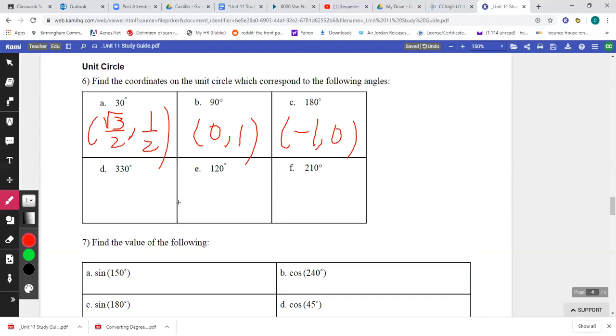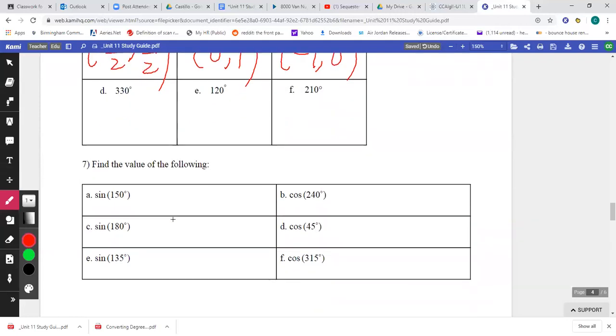Now, let's look at number 7. Remember how we talked about this? When you're on a unit circle, cosine of your angle is just x, sine of your angle is y. So once again, these should be super easy. If you get these wrong, I know that you didn't study or you didn't watch the video, because this is super easy.